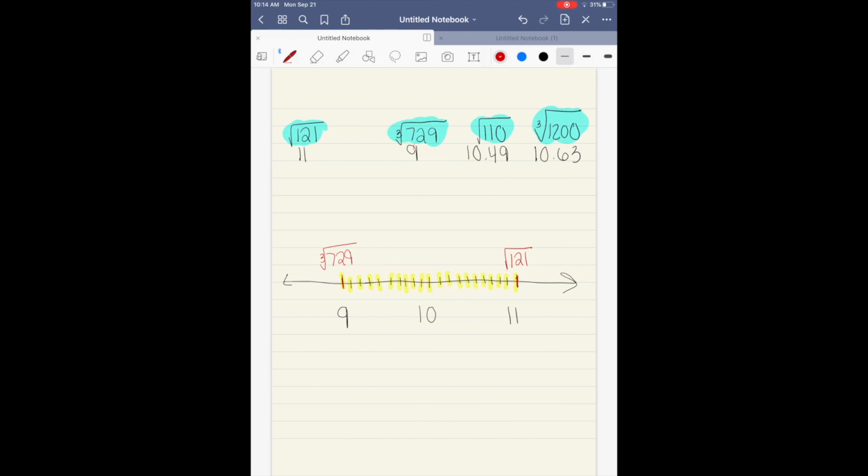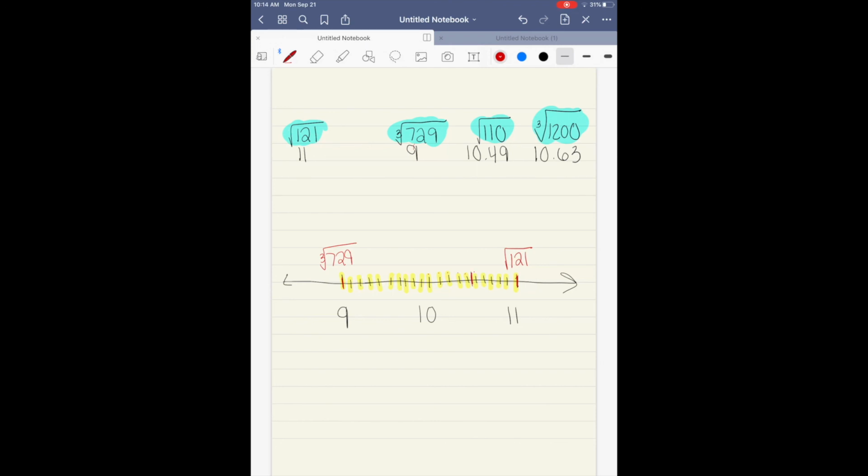Now the next one is a little bit tricky. It's 10.49. So starting at 10, you want to count all your little notches. So we have, I'm just going to put little dots here, 10, 10.1, 10.2, 10.3, 10.4. Well, this is 10.49, so it's awfully close to 10.5.